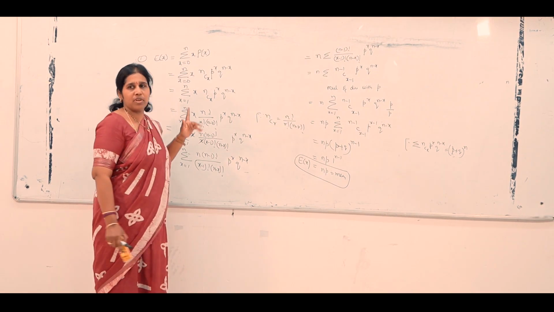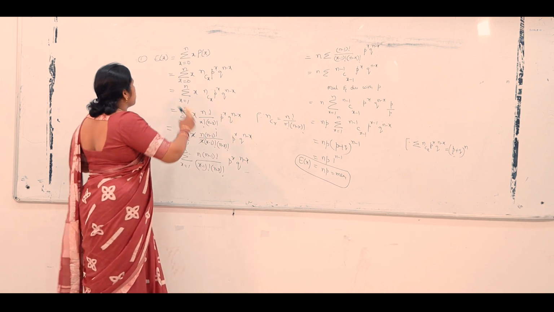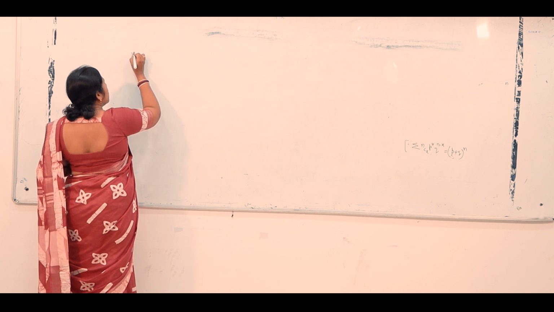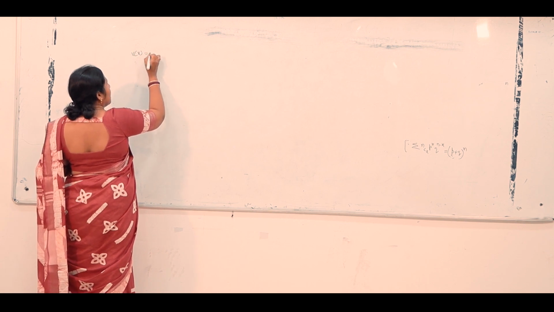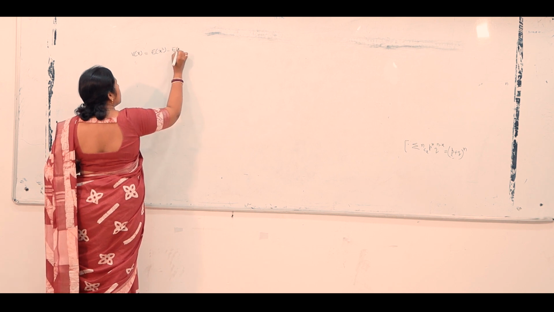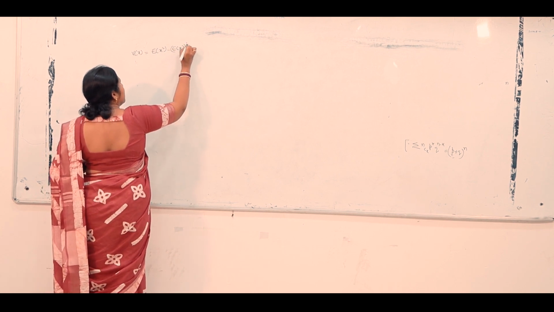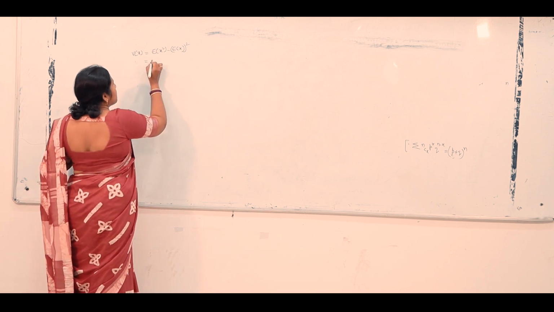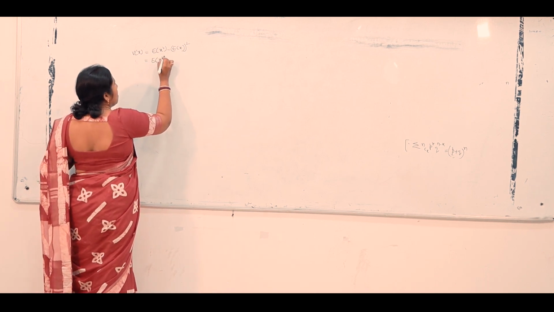So let us derive the variance of binomial distribution. So variance. What is the formula for variance? Second moment minus first moment whole square. That is mu2 dash minus mu1 dash whole square in terms of moments. So expectation of x square minus mean.